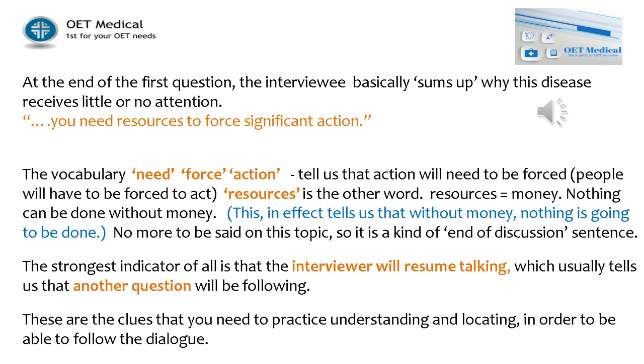Nothing else can be done without resources, which is money, basically. So, without money, nothing is going to be done. So, no more to be said on this topic. It's a kind of end of discussion sentence.